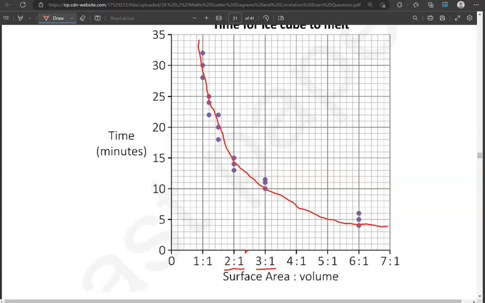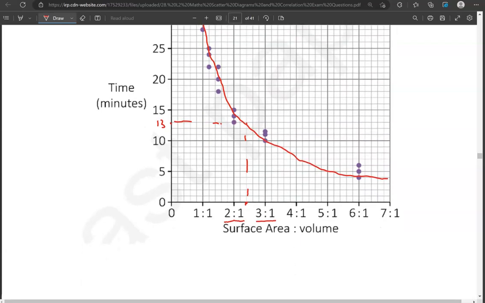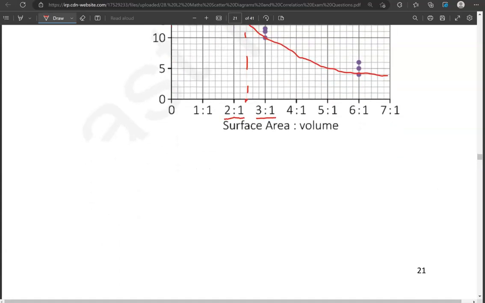So as you can see, it looks like a curve, and this would go up to 13 minutes. You can see this in the way that the dots have been arranged. So it isn't the normal case where you've got the dots either closely together in a straight line or scattered around. So this is again a very special case that you're not really expected to see at this level.